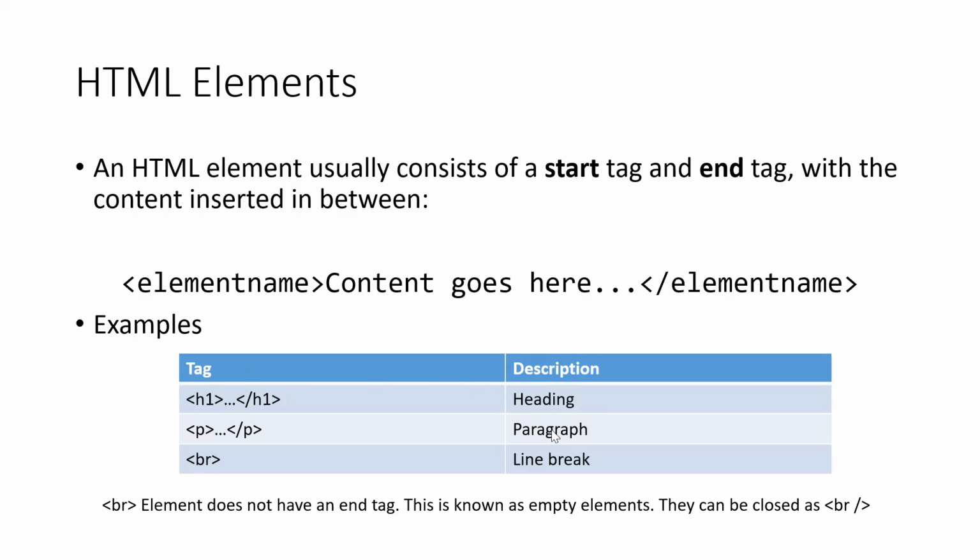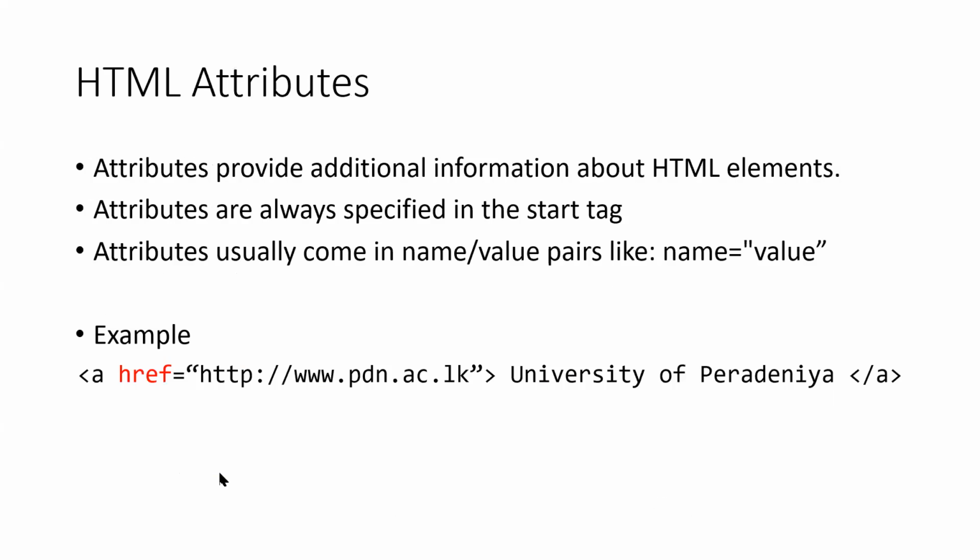Likewise for paragraph, we have P, which stands for paragraph, and /P. But in some cases you have only one tag, with no ending tag. For example, we represent a line break using BR. That's about the HTML elements or tags.